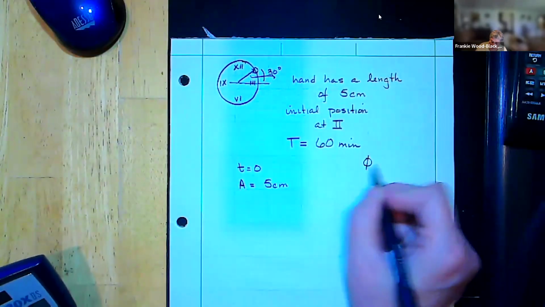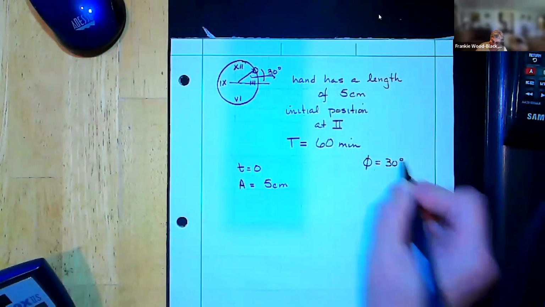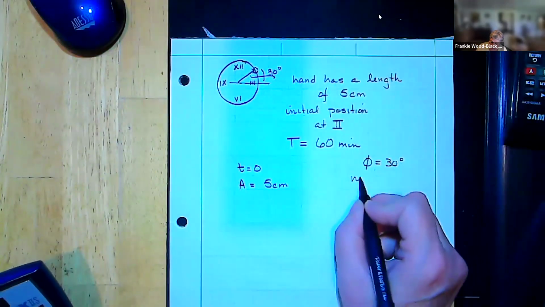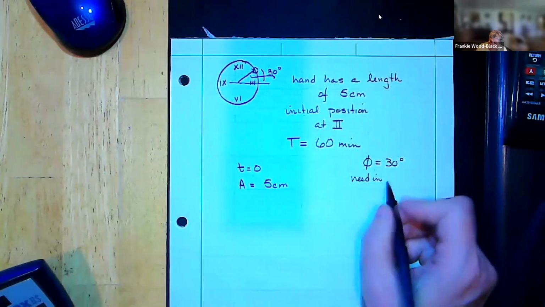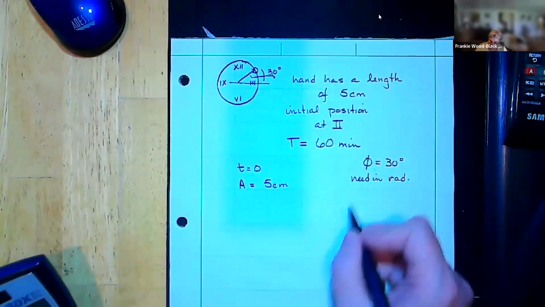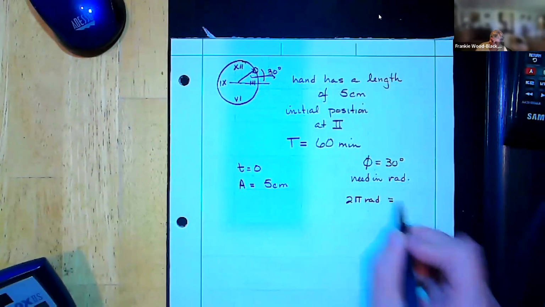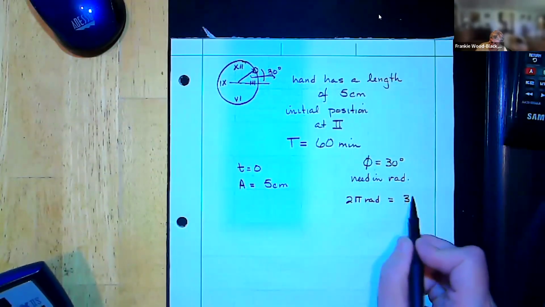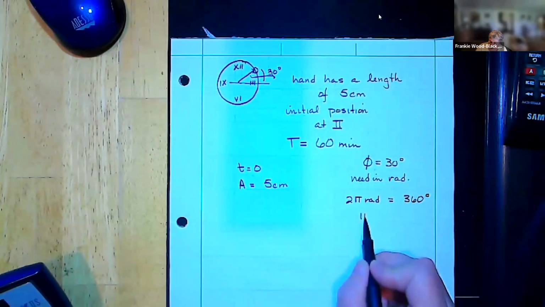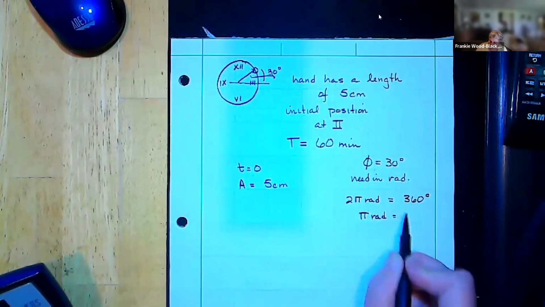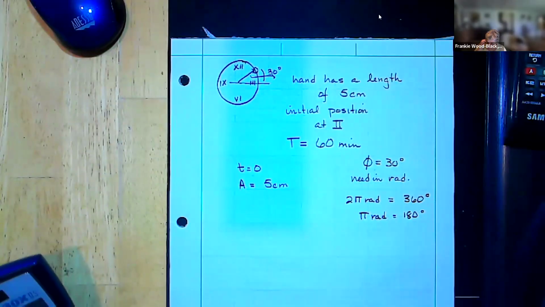So my initial angle is going to be 30 degrees, but I'm going to want it in radians. And remember, 2 pi radians equals 360 degrees, or pi radians equals 180 degrees.